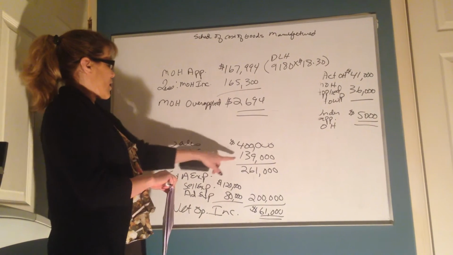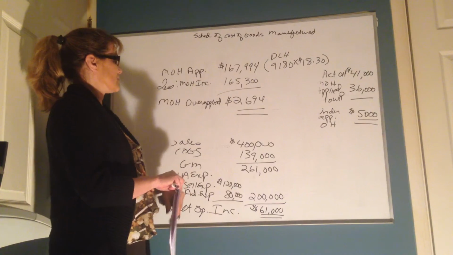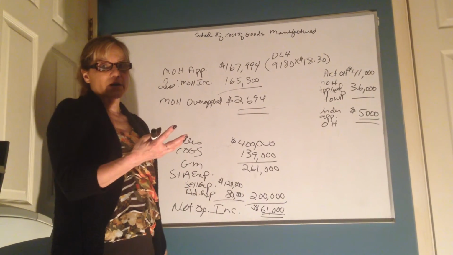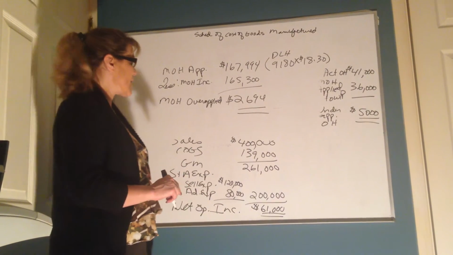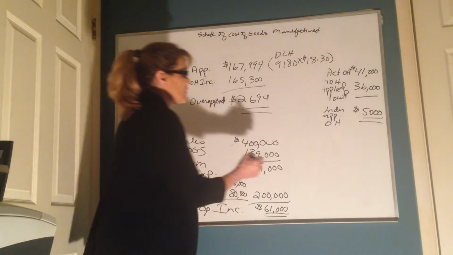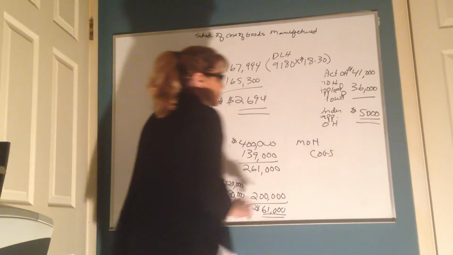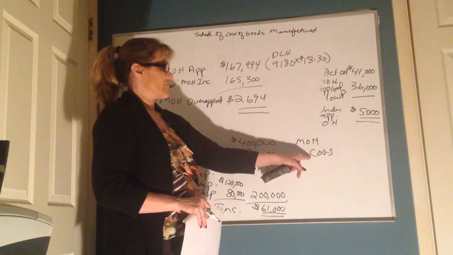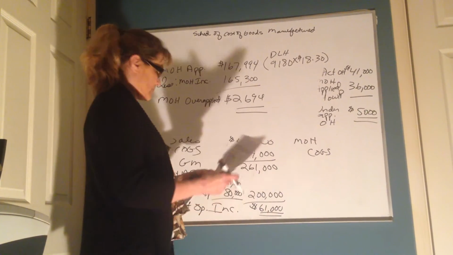That's because our cost of goods sold is going to decrease by that amount because we applied too much overhead. So when we go ahead and close out the manufacturing overhead account, we would be debiting manufacturing overhead and crediting cost of goods sold for that $2,694, and that's going to reduce our cost of goods sold.